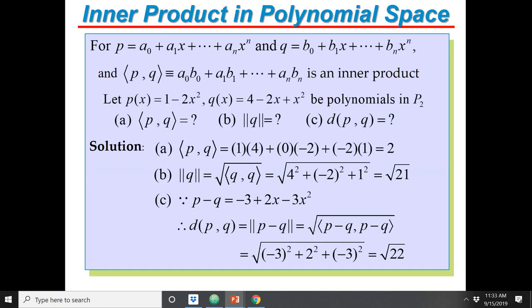So this definition of inner products between vectors, you can extend to things that you don't necessarily associate with vectors. You can generalize the concept of a vector space.